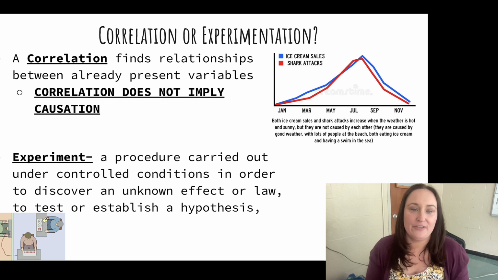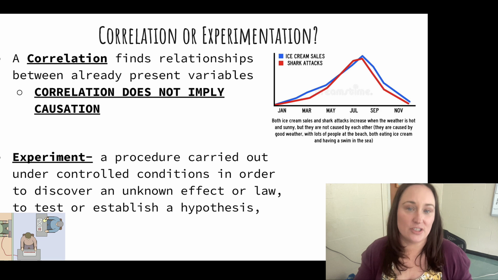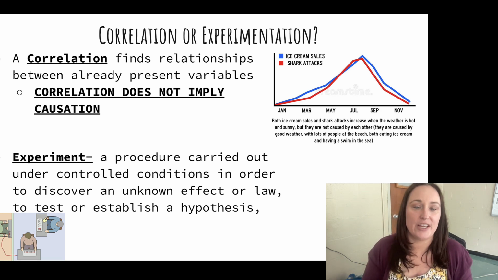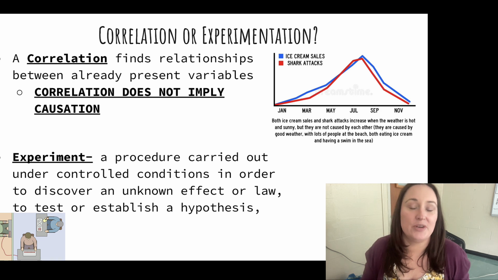Okay, so two different types of research methods, and both have their strengths and weaknesses. A correlational study is trying to find the relationship between two or more variables. So we might want to look at something that we can't do an experiment on.